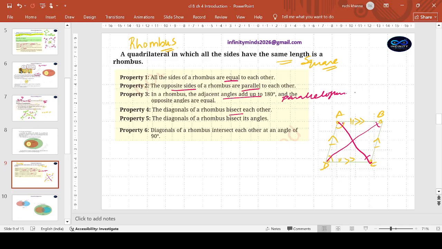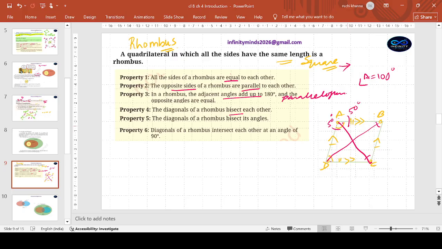Now, this was the property of a square where we said this was 90, so 45, 45. But here we don't know. It's an obtuse angle. Supposedly the measure of A is 100 degrees. Then what we are trying to say is that it would get divided into 50 degrees each.